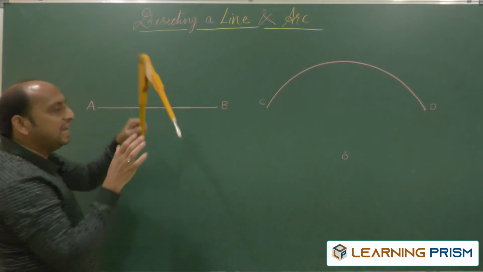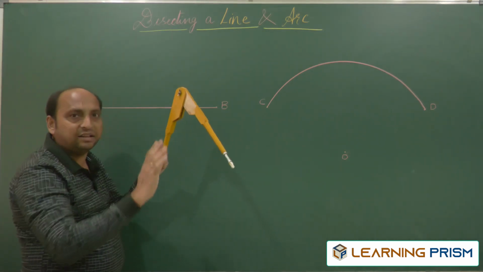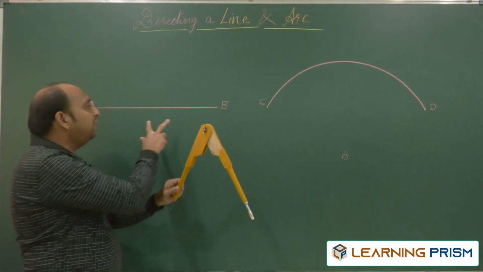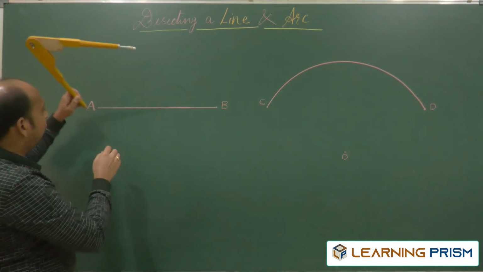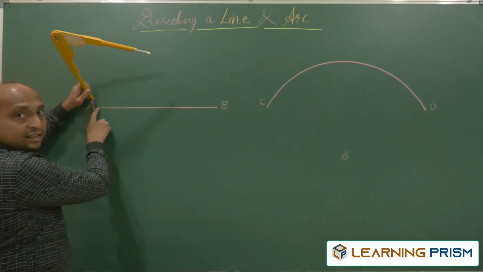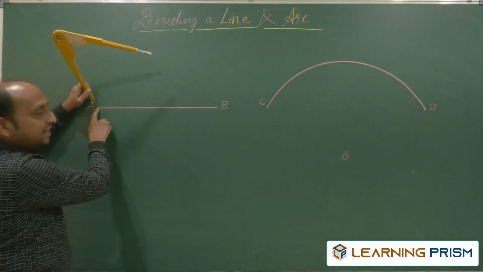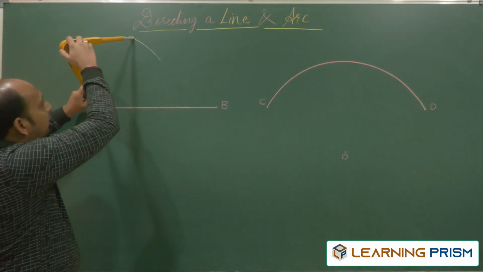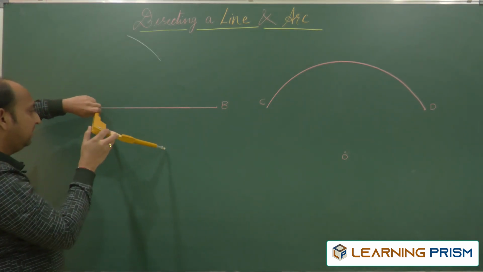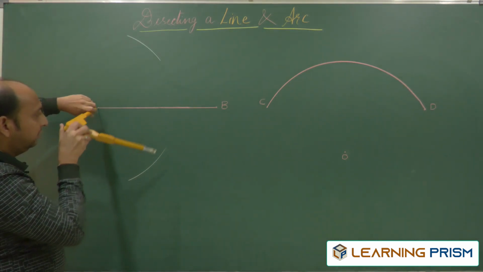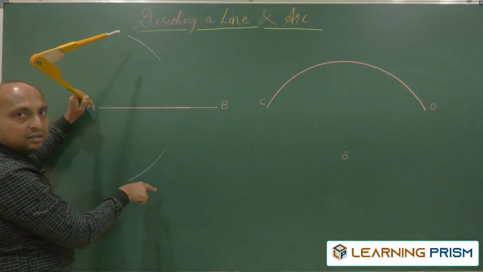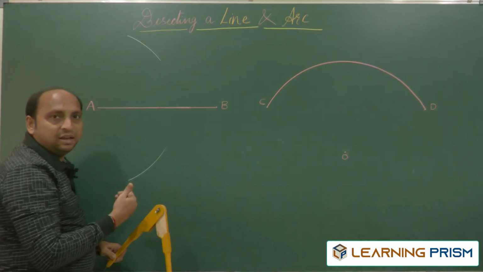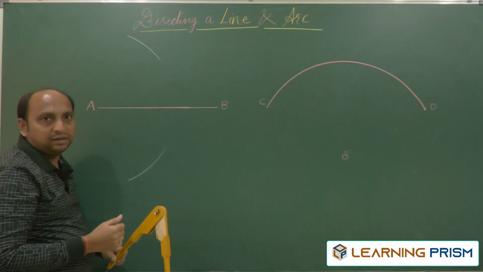So taking any length which is more than half the length AB, with A as the center, draw arcs on both sides of AB, that means above AB and below AB.